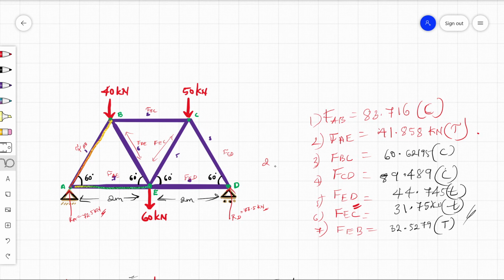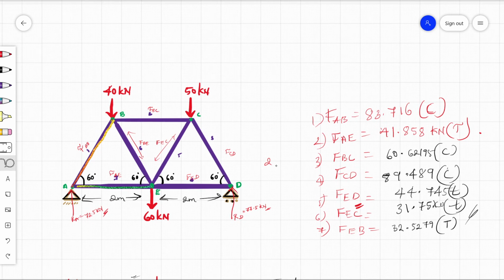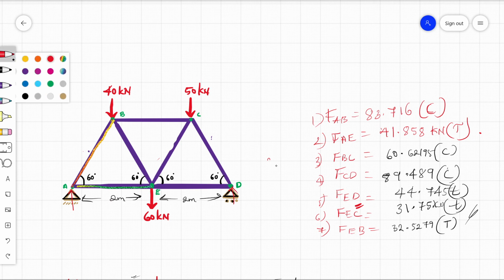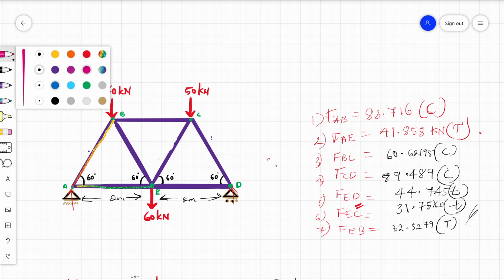What is our next thing to do is, we have to draw what all we got actually. I'll show you how to draw that. We have to first show what all members are in what nature of forces.